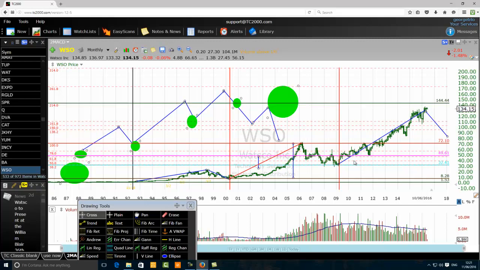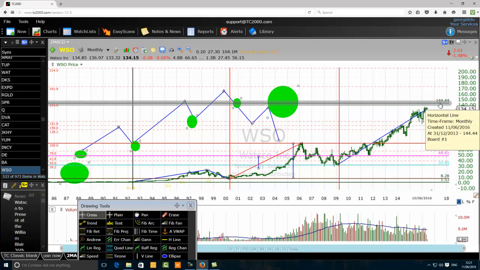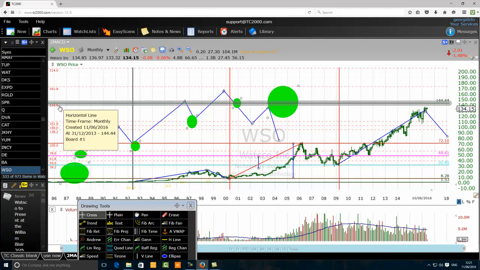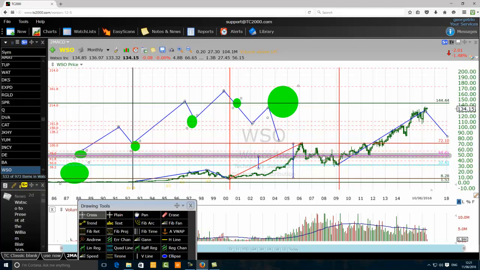So you will explain to them that it is important that the third mini cycle, if it's truly bullish, if it's very, very bullish in comparison to the second mini cycle, if it's very, very strong, it will reach the level of $144, which is the 214% Fibonacci extension level of the second mini cycle.